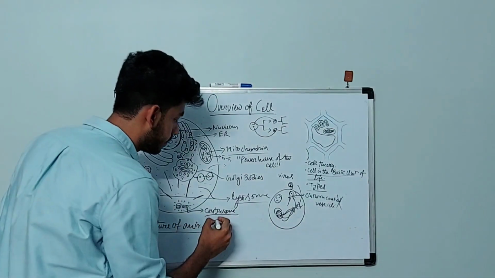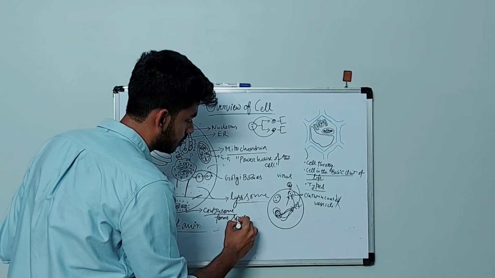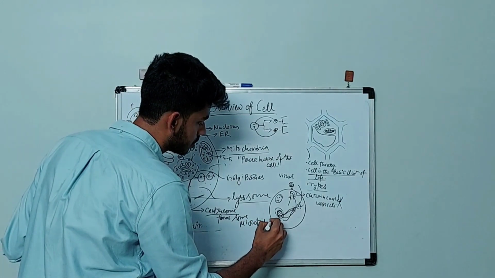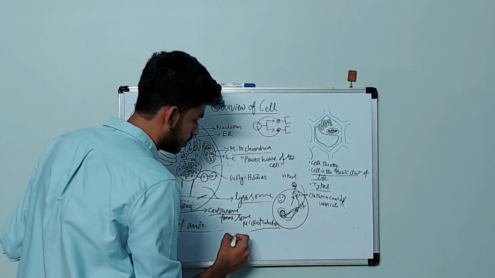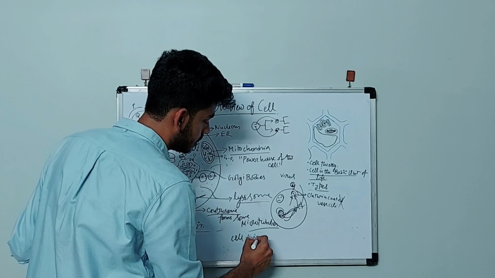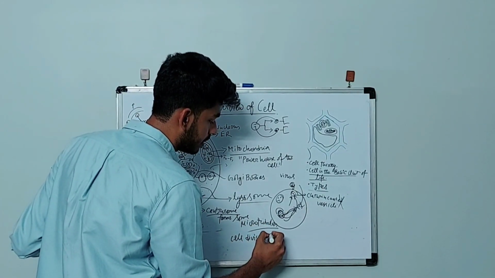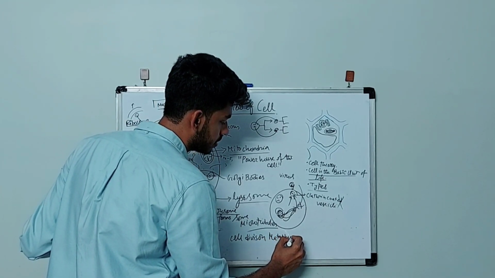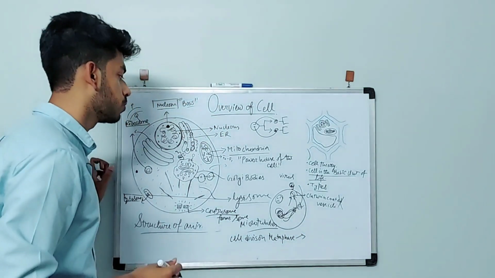The centrosome forms microtubules during cell division, mainly in the metaphase and anaphase, which help in segregation of the chromosomes.